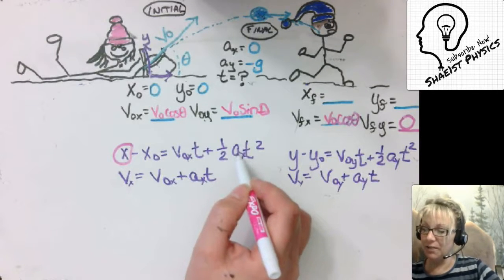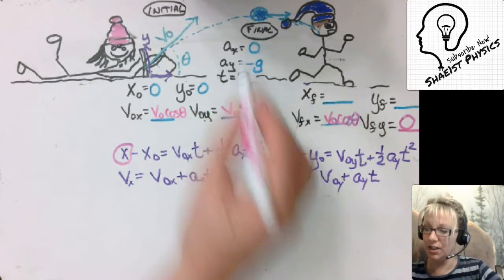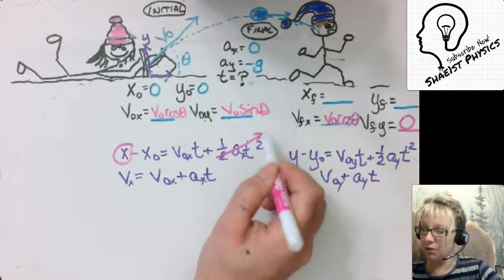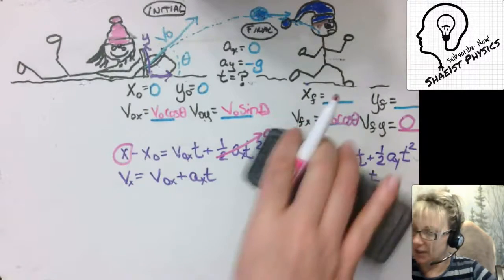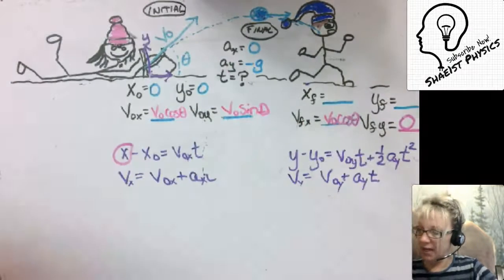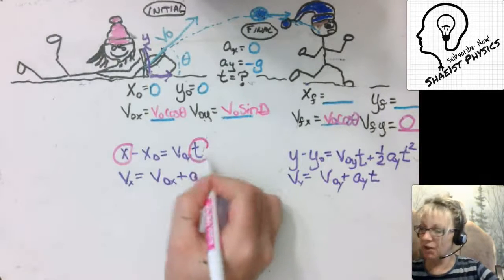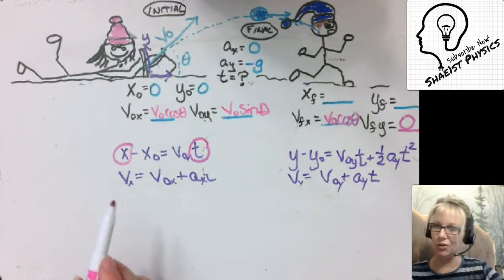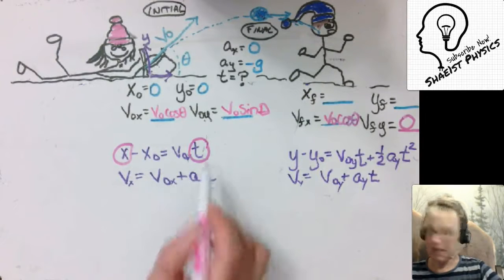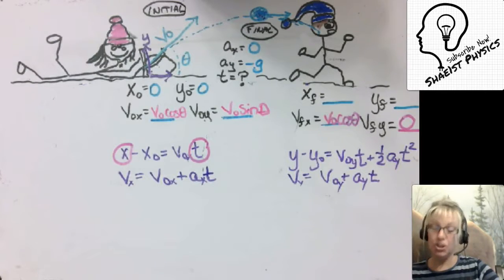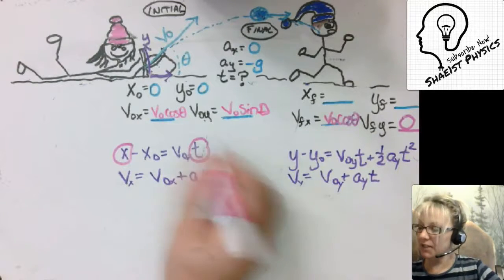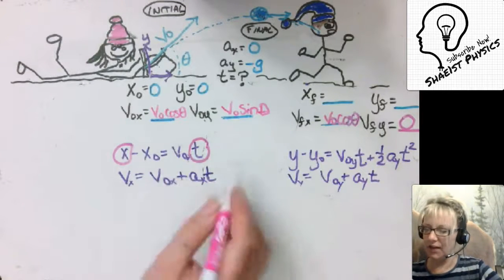This is nice here because acceleration in the x direction is just 0, so this whole term is just going to cancel right out, and that will just leave us with this equation right here. And time is what I'm solving for. 2 unknowns. Let me just keep that in mind. If I have 2 unknowns, unless I have 2 equations, which I do sometimes, but in this case we'll just see how that plays out.